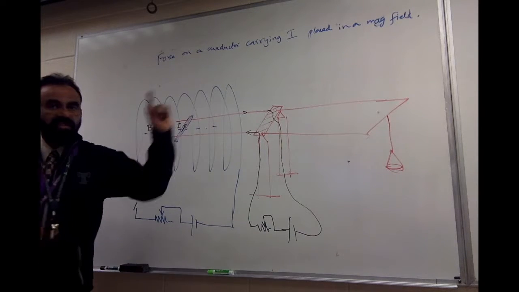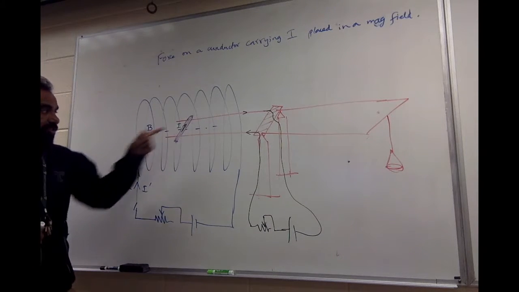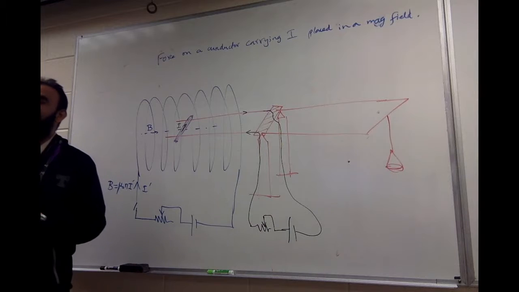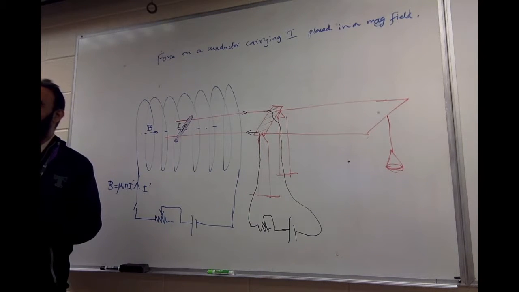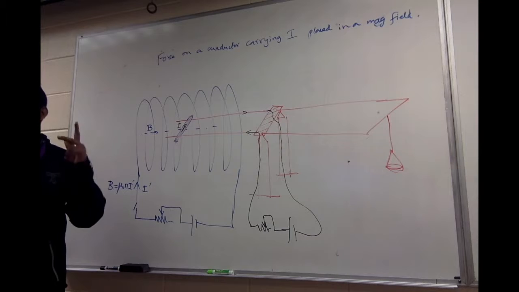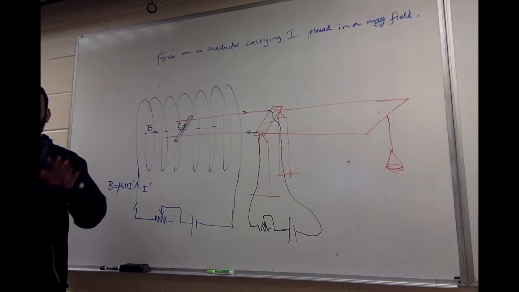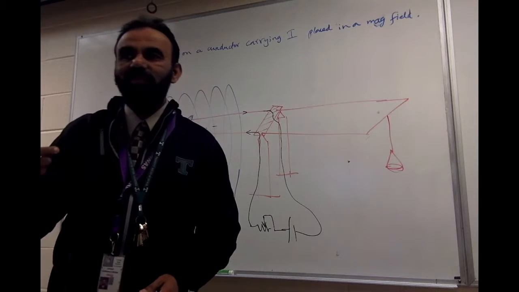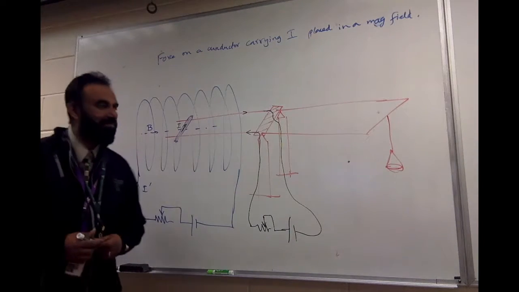Now, if the magnetic field is in that direction and the current is going inside, which way will it experience a force? Fleming's left hand rule. Left hand. Many of you are picking your right hand for some reason. Fleming's left hand rule. Okay. Again, that's a very common mistake from the student side. You just pick up whatever hand is available and then make it wrong.